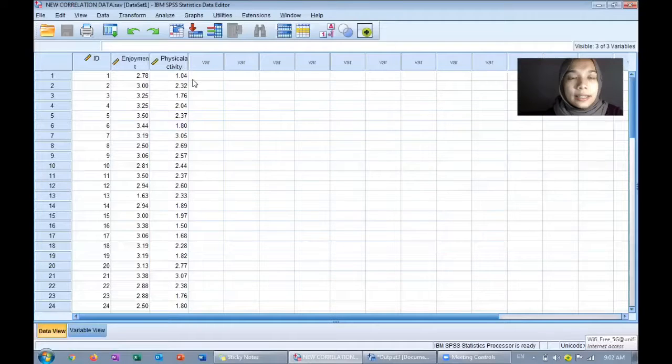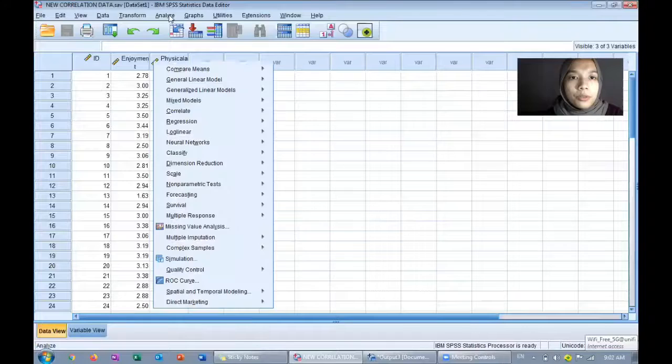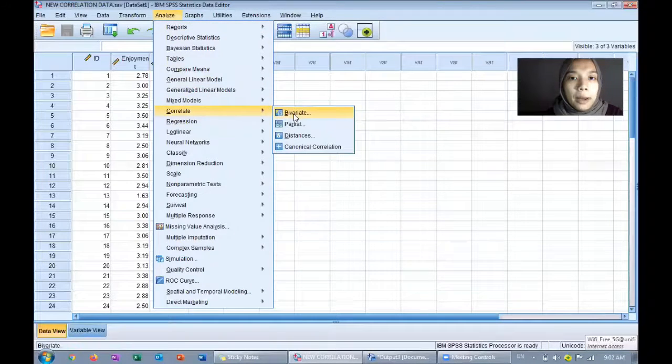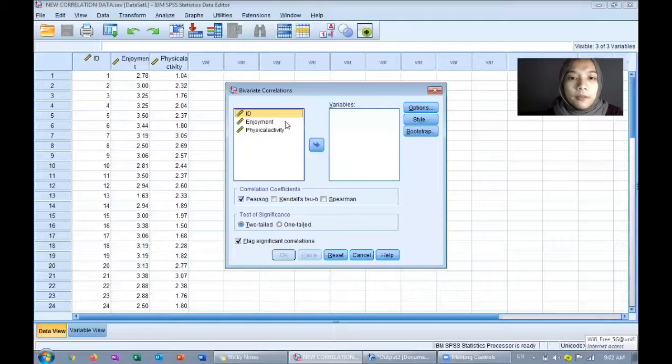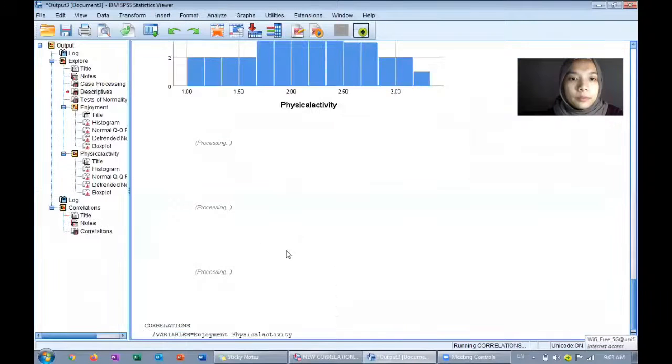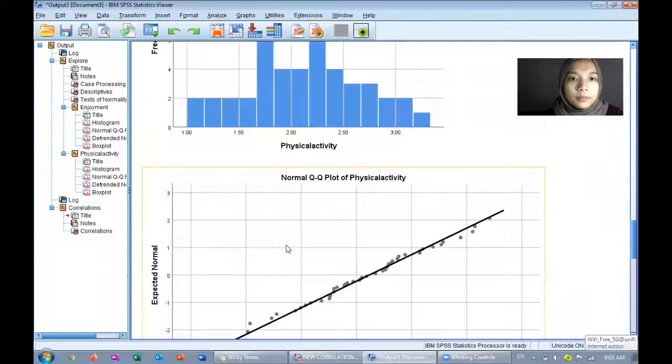So when the data is normally distributed, we use Pearson's correlation. To test the Pearson correlation, we choose Analyze, Correlate, Bivariate. For the variables, we put together the enjoyment and physical activity. Then we choose Pearson, this one, and okay.